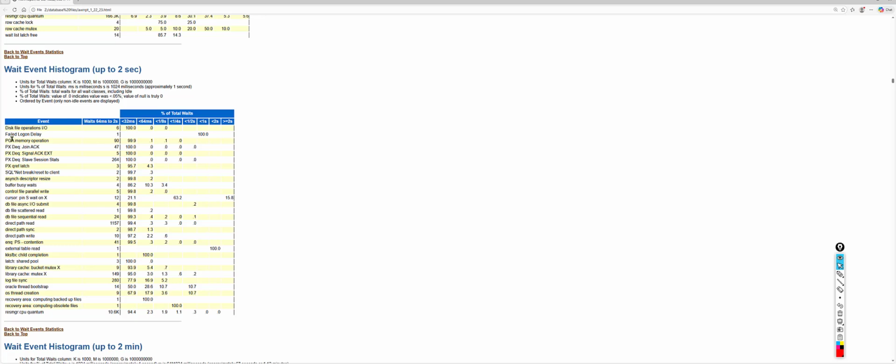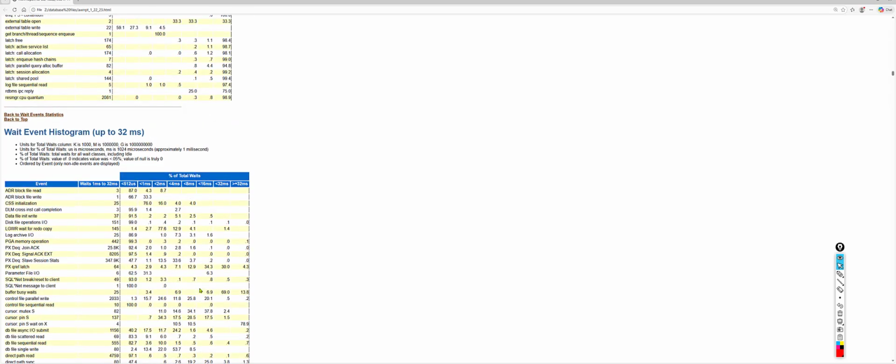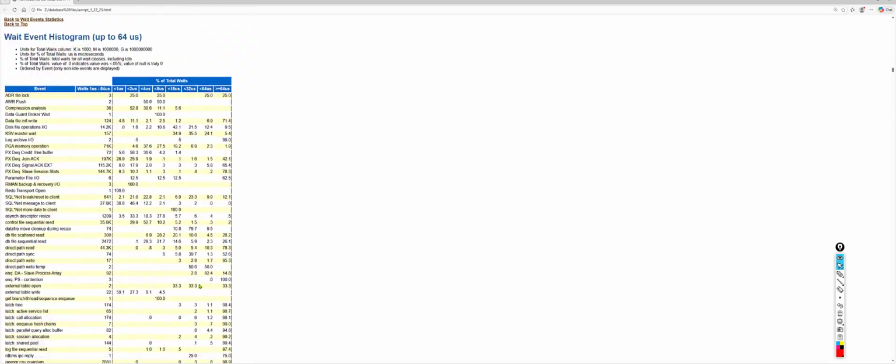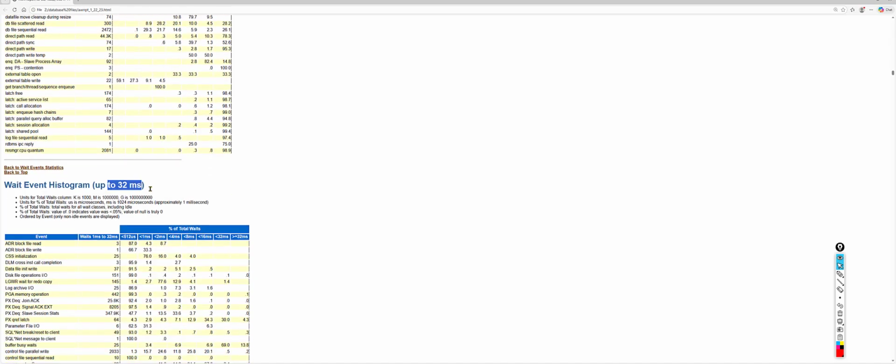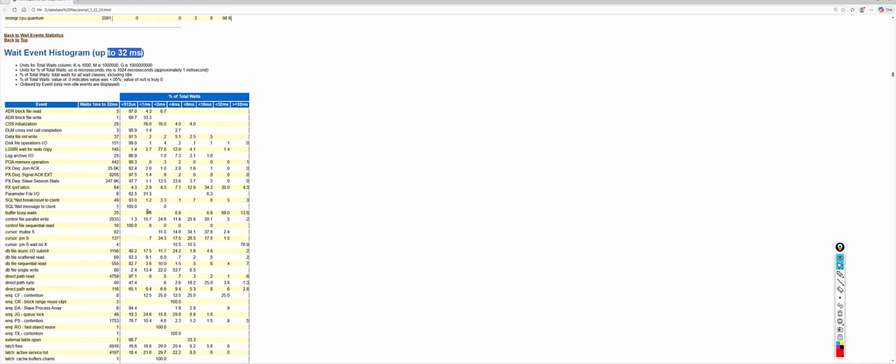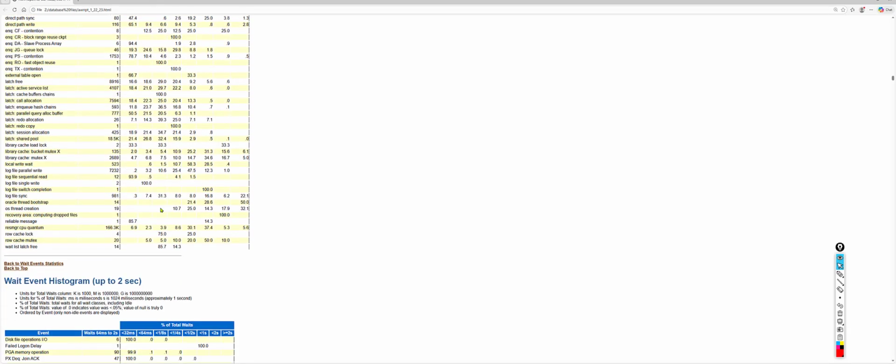Directly, you see parallel has survived. That we already know by seeing the resource manager event. Here also resource manager survived. With 32 millisecond, most of the wait events will be filtered out, because every wait event will not consume more than 32 milliseconds.